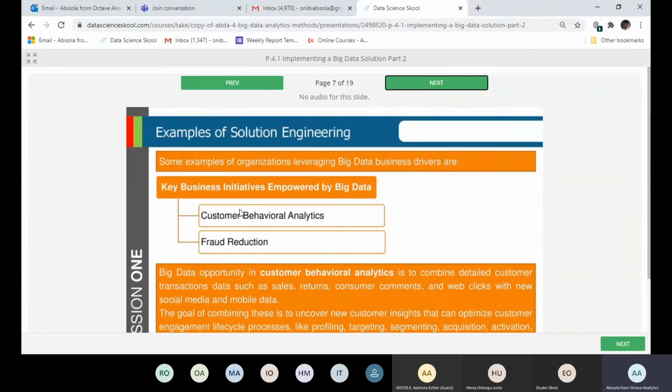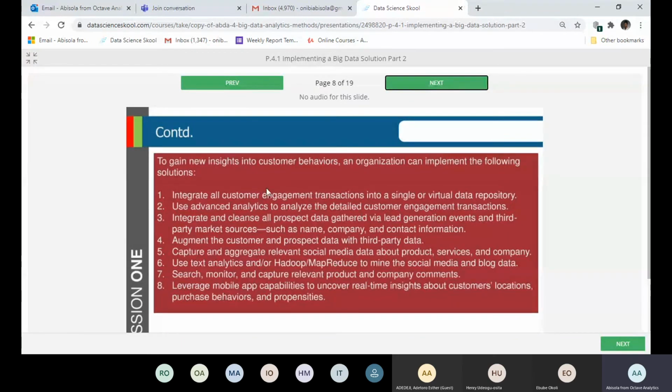And I think we talked about this in the first class. We talked about fraud reduction and customer analytics and all. So in about the first or second class. So I will not go too much into this. But then how you can gain insight into customer behaviors. These are some of them. All customer engagement transactions, you have to put into a single data repository.